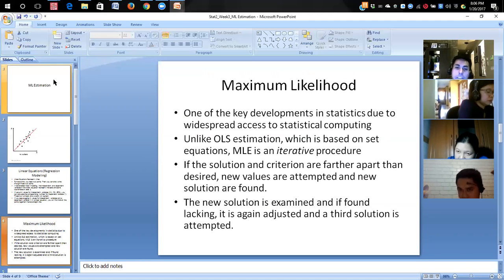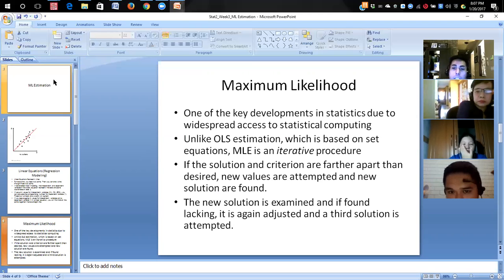If the solution and the criterion are farther apart than desired, new values are attempted and new solutions are found. And when the solution is examined and found lacking, where the solution is like the model, it is again adjusted and a third solution is attempted. So you see in OLS, the product is BLUE and there is a set parameter for OLS, whereas in maximum likelihood estimation, it's iterative.